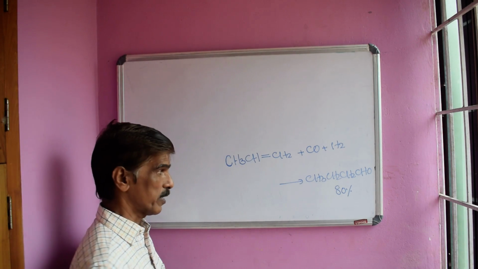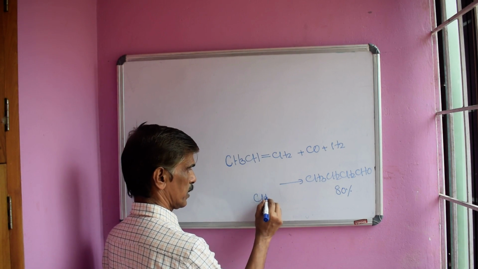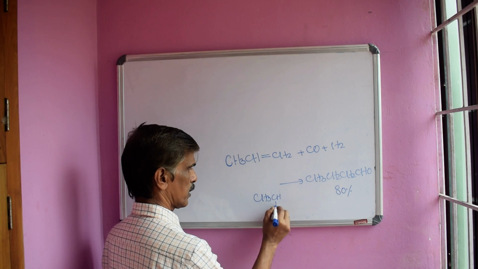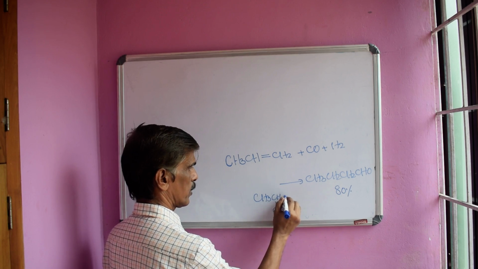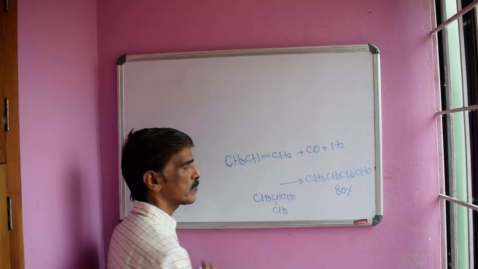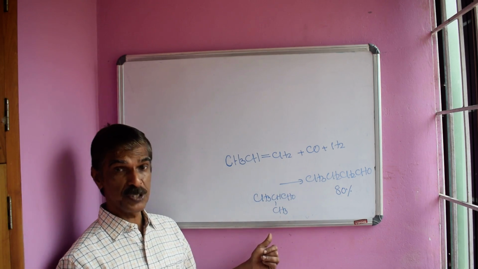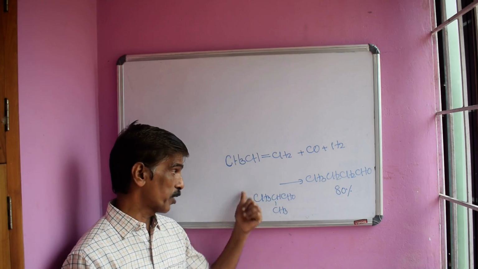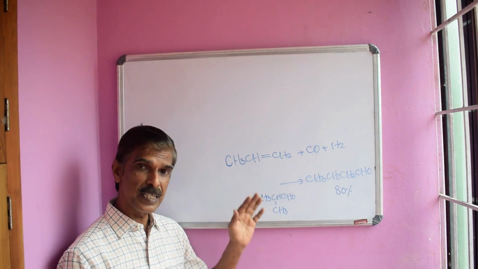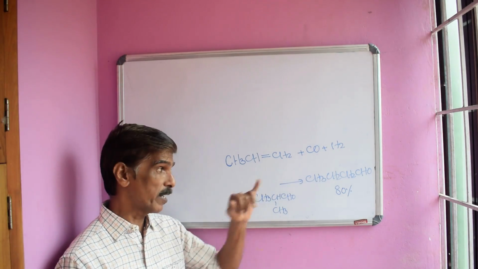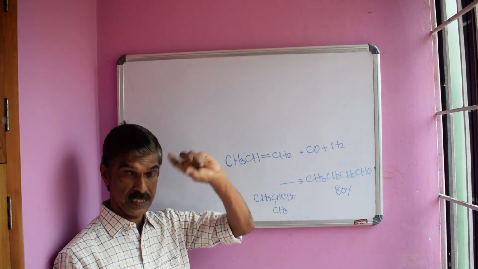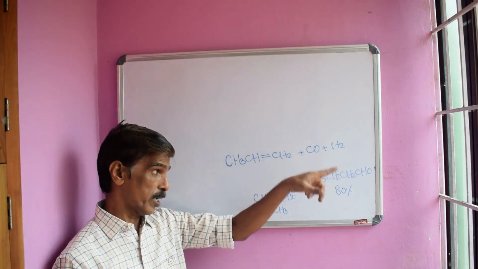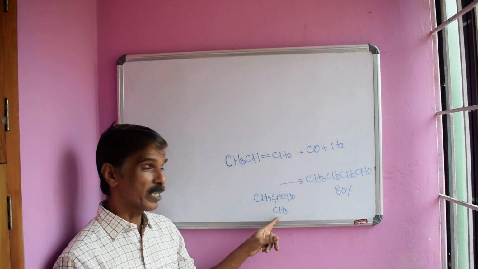That is this one, CH3CH(CH3)CHO. This isomer is also formed in this reaction, and it is not so needed, or it is actually not wanted. We want the straight chain compound because we need to manufacture n-butanol, not isobutanol.